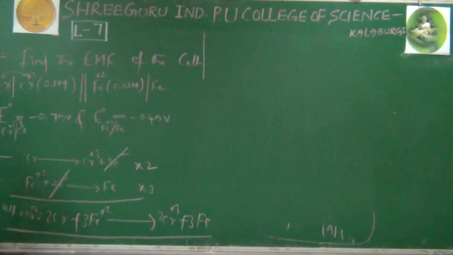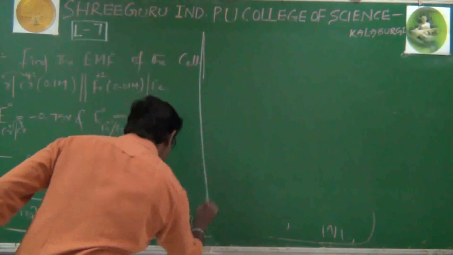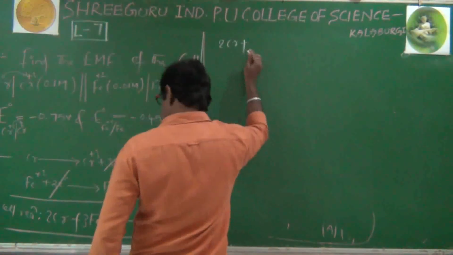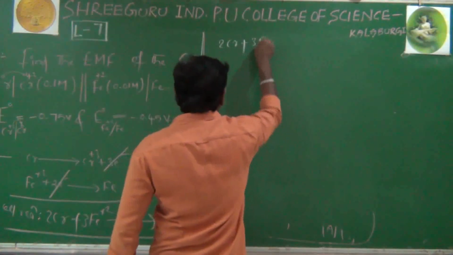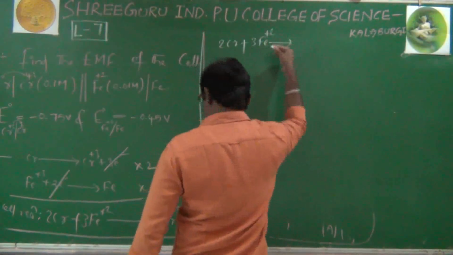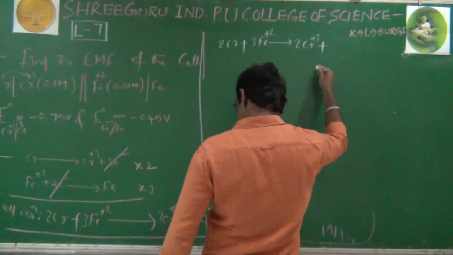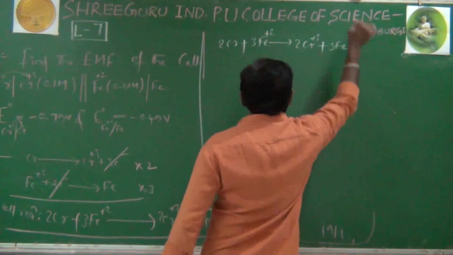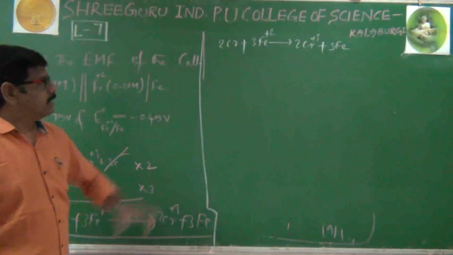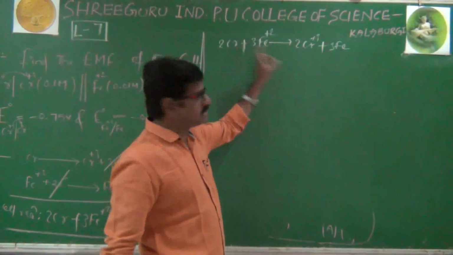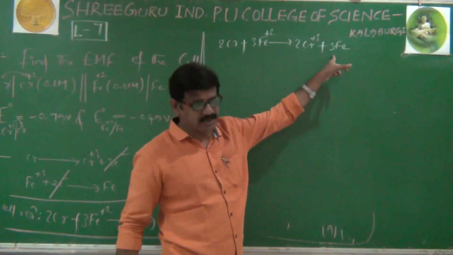This is our net cell reaction, right? I'll write here once again, net cell reaction: 2 Cr plus 3 Fe plus 2 gives 2 Cr plus 3 plus 3 Fe. Then here in this net cell reaction, these two are reactants and these two are the products, right?